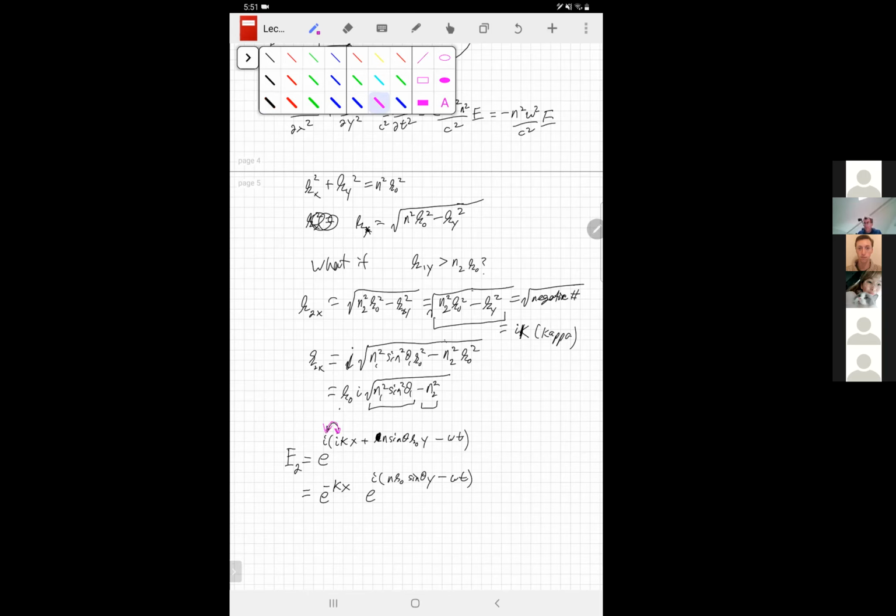So instead of getting something that oscillates, e to the i kx, I get something that decays exponentially, e to the minus kappa x. If you don't even want to think about where I got all these symbols around, I had an imaginary number multiplied by i multiplied by x, and an imaginary number multiplied by i becomes a negative number. So now I've got e to the minus something times x. So I've got something that decays.